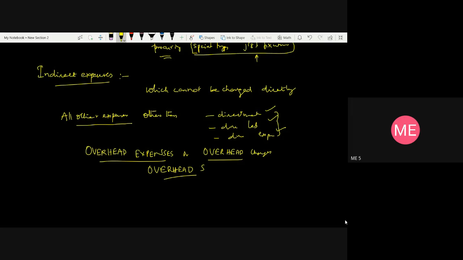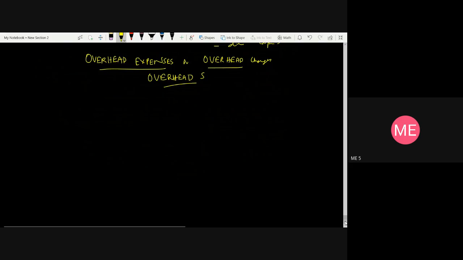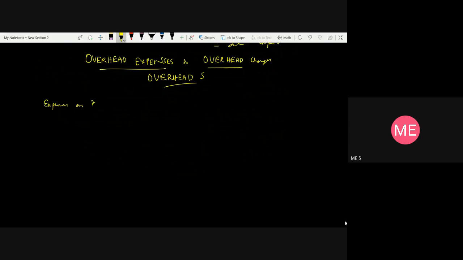Generally, we can call them overheads. Some examples: expenses on indirect materials and expenses on indirect labor, expenditures on the administrative office or executive office, and expenditure on purchasing of stationery and stores to staff.